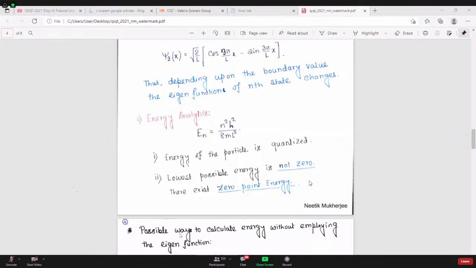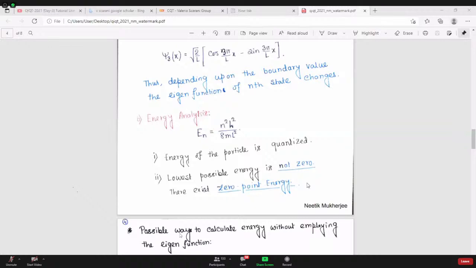Sir, according to classical theory, each and every energy level is possible. Then we said n is fractional. Look, there is a basic difference. In classical mechanics, you have any possible value of energy. That means your energy is not quantized.